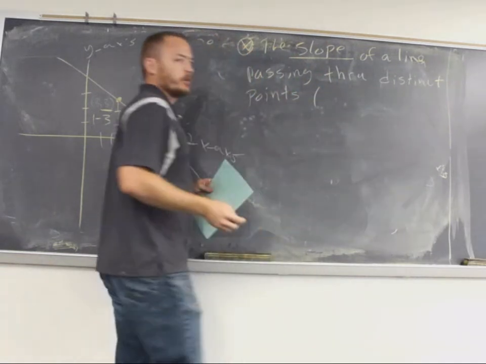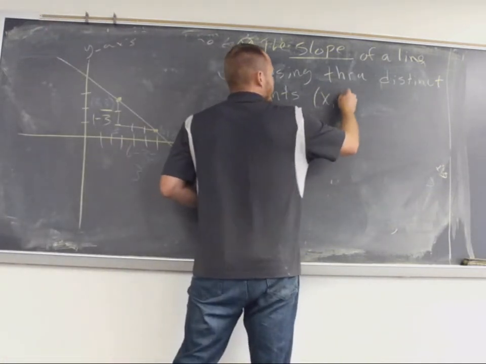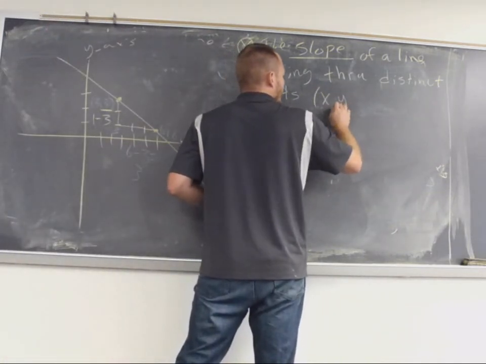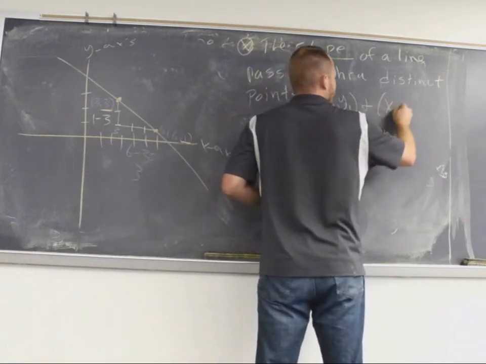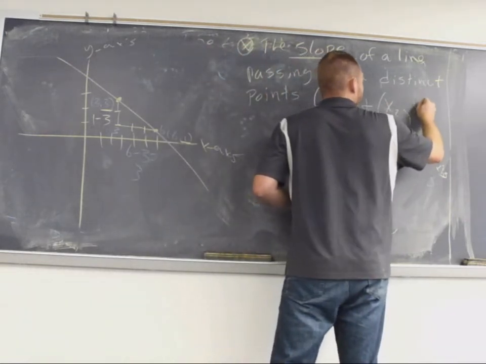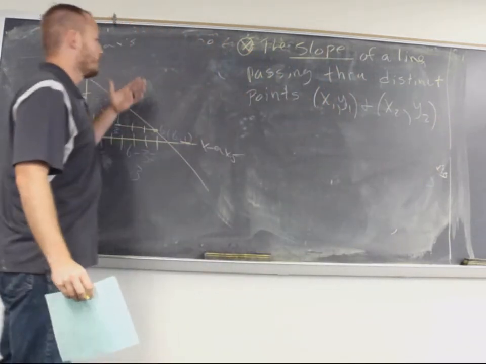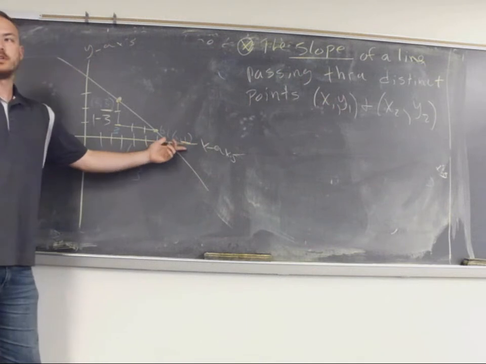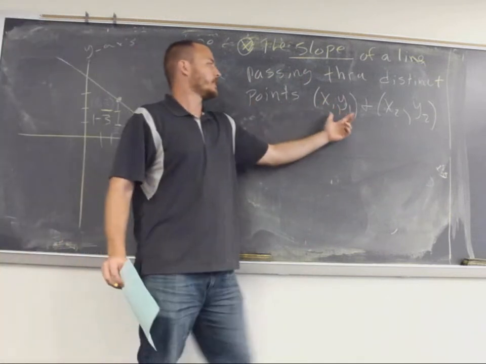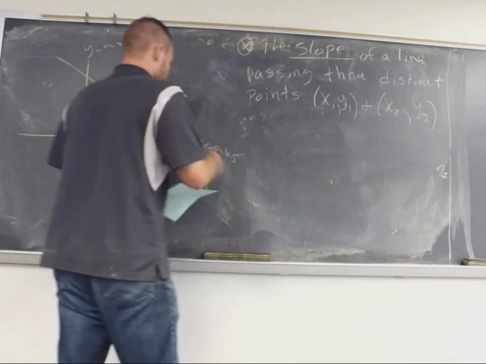And those distinct points, we're just going to label them as x1, y1 and x2, y2. So x1 and y1 over here would just be 3, 3, and x2 and y2 would be 6, 1. So these are just representing any number that we want them to be. We're just putting it in general form here.